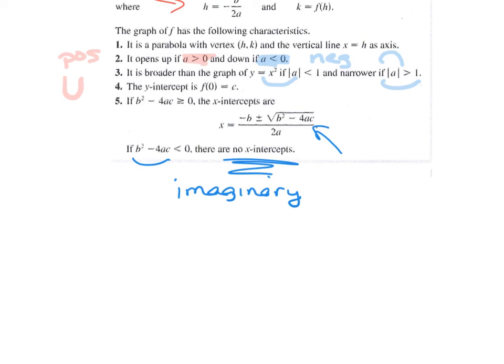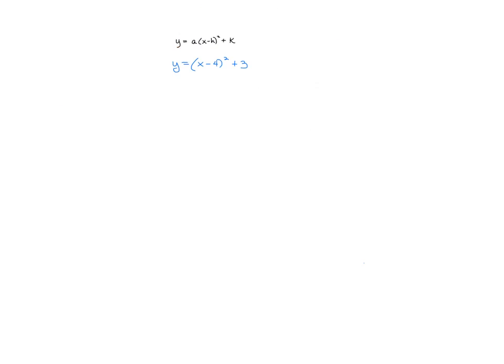Okay, so when you get an equation in vertex form and it asks you to find the x-intercepts, if we can't factor it, or even if we do the square root method, if we end up with an I in our answer, there are no x-intercepts. It's imaginary. We're only looking for real solutions for the x-intercept. So let's try the first one.